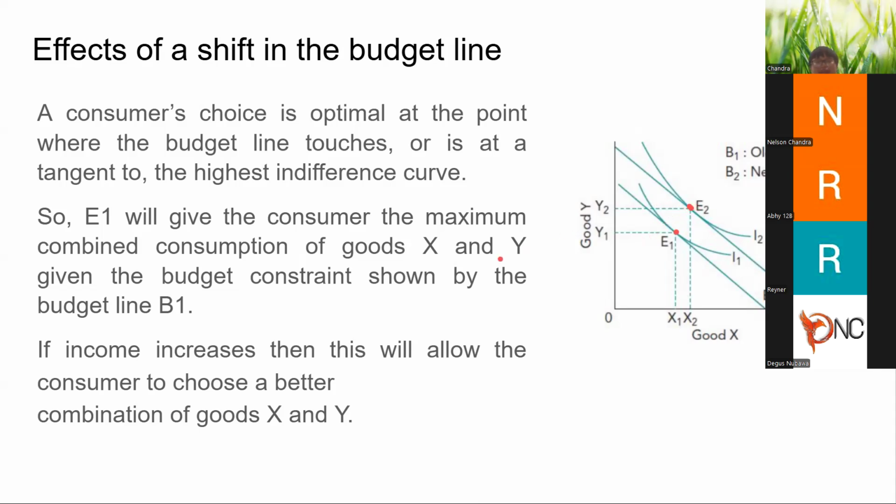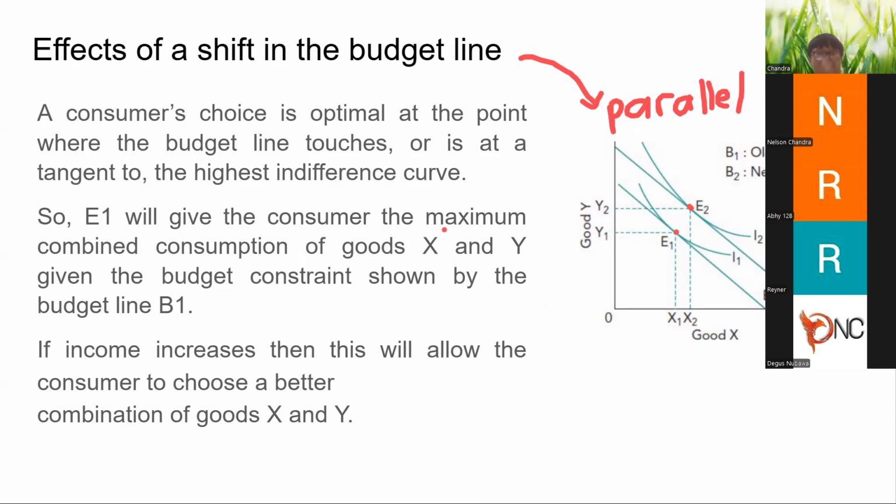So if there would be a shift in the budget line, this is very simple because this is a parallel shift.